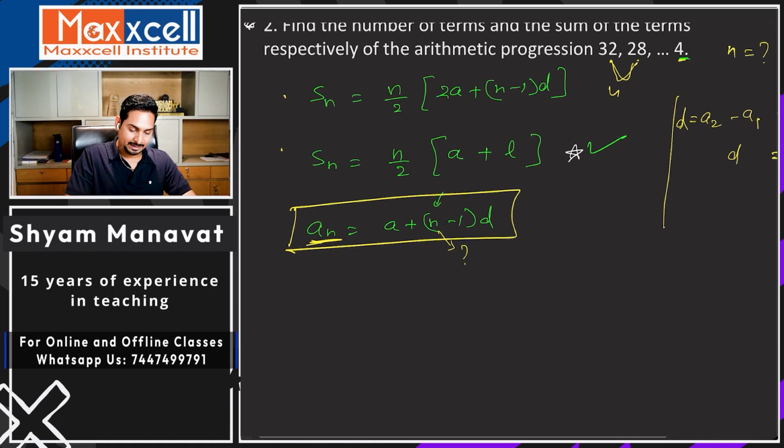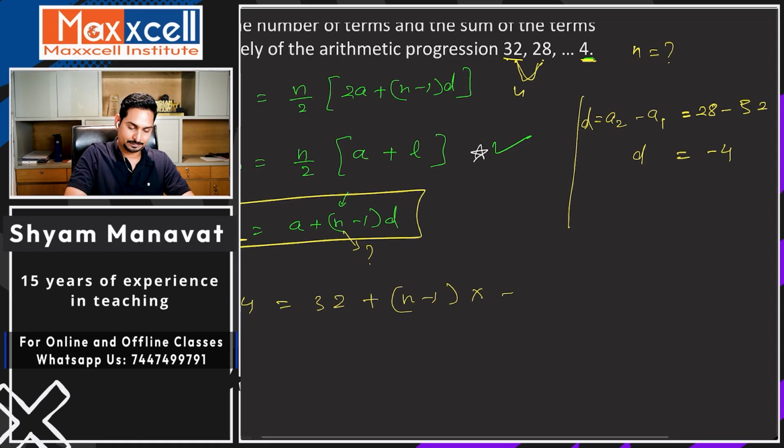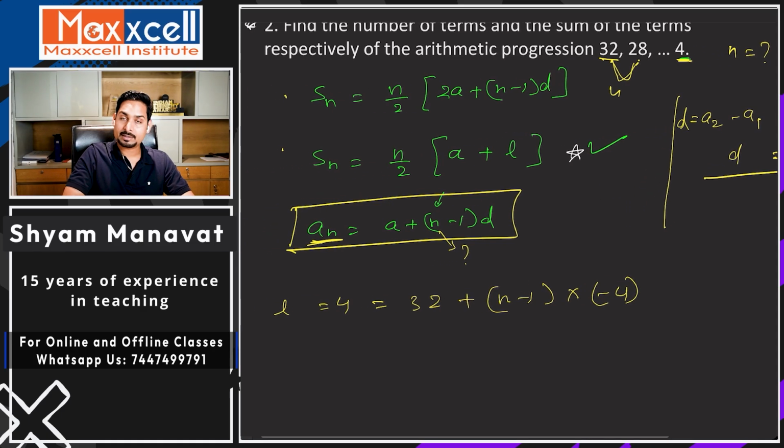So we have nth term as 4. nth term बोलो या last term बोलो, last term of the series is 4. First term क्या है? First term is 32. We have number of terms which you need to find out, and common difference कितना है बताओ? This is -4. Now चलो find करते हैं.